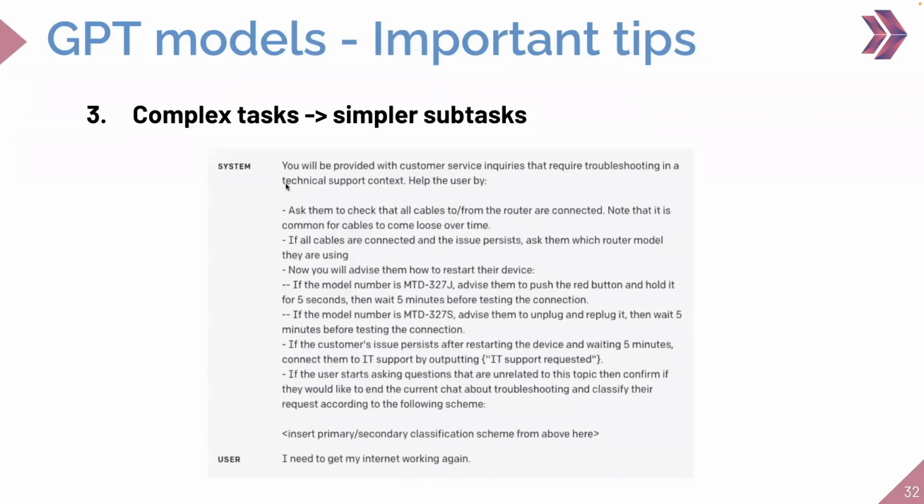Here you can see there are some tasks. So you will be provided with customer service inquiries that require troubleshooting in a technical support context. So help the user with this subtask. Okay. Like a human, you are dividing the complex tasks. So instead of writing a complex paragraph, you are dividing the task into subtasks. Okay, you can see one dash, two dashes.